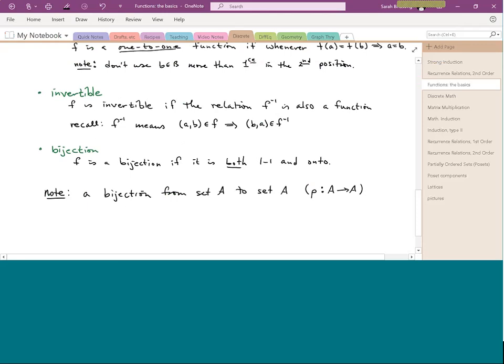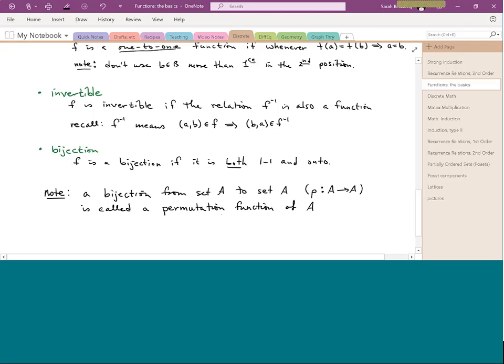So very, very similar to the examples that we just had. Okay? And if the two building sets are exactly the same set, and it's a bijection, that function is called a permutation function, or just a permutation of set A.